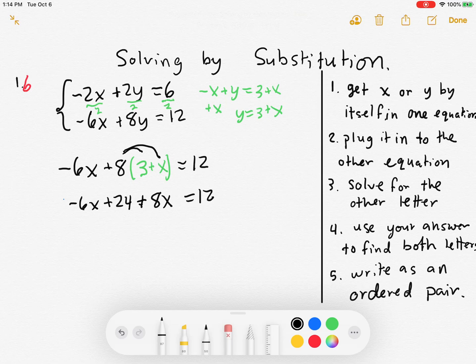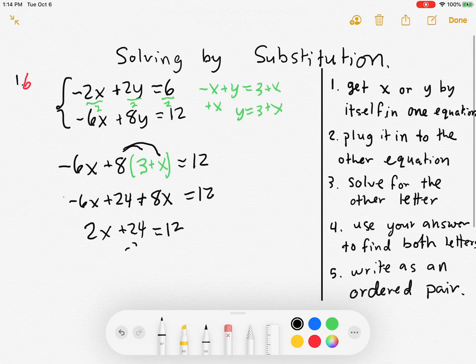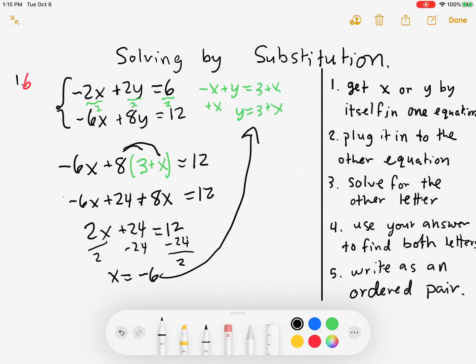Negative 6x plus 8x is 2x plus 24 equals 12. Subtract 24, divide by 2. We get x equals negative 6, which we can then plug into this equation to get y equals 3 minus 6, which gives us y equals negative 3.